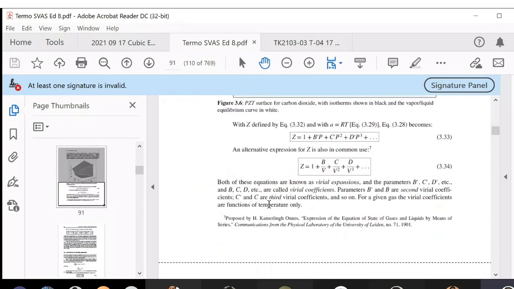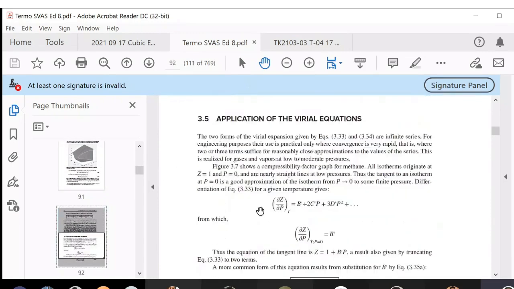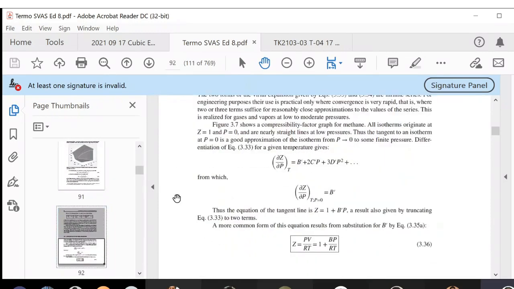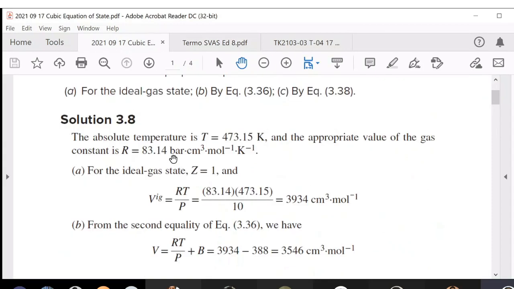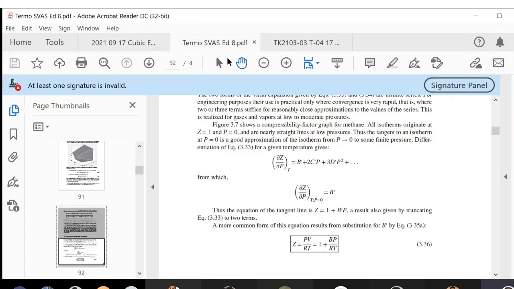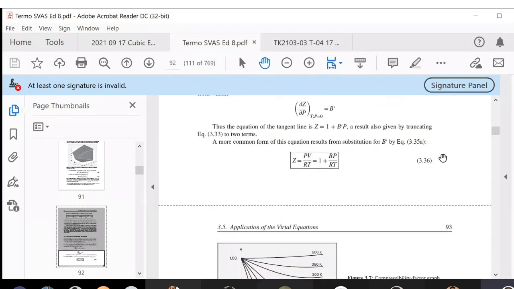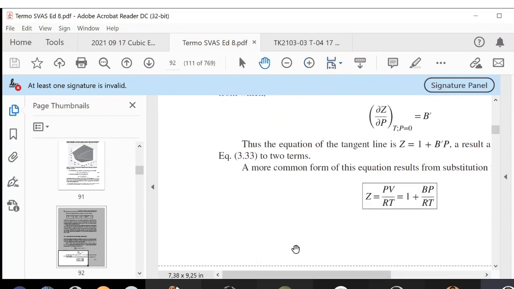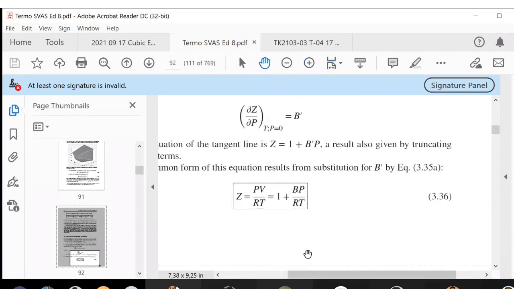What was the equation number? Let me check back. The equation numbers 36 and 38. Okay, 36, this is equation 36. Let me make it bigger. Z, PV over RT, is a function of pressure. That is 36.